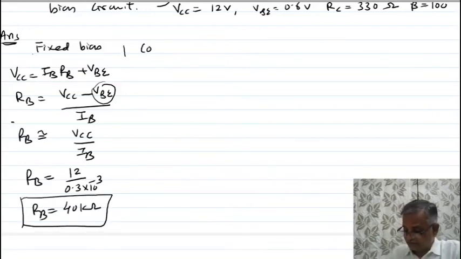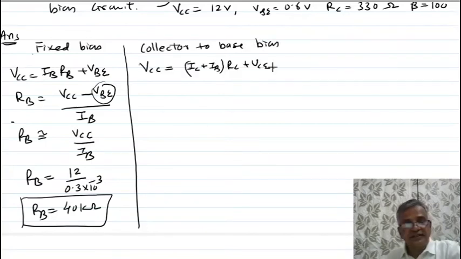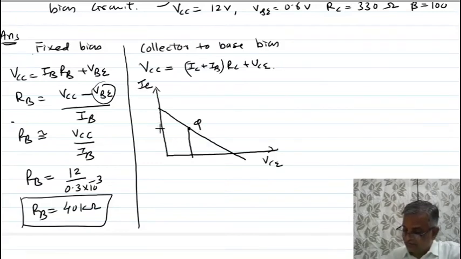Now for the collector to base bias. In such a problem, if they have not given the value of VC, then you have to take VC as half of VCC. The reason is that the Q point is always at the middle point of the load line.